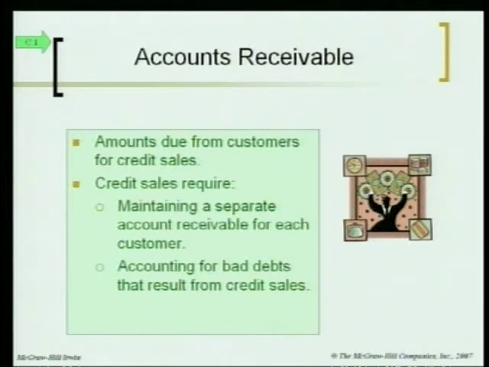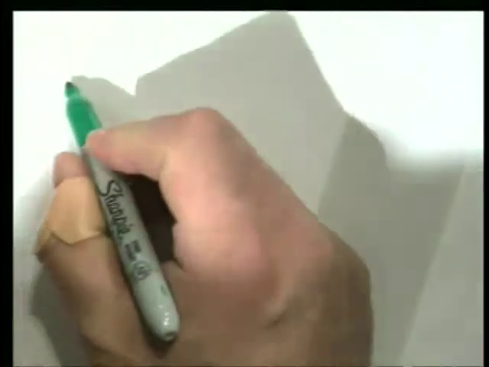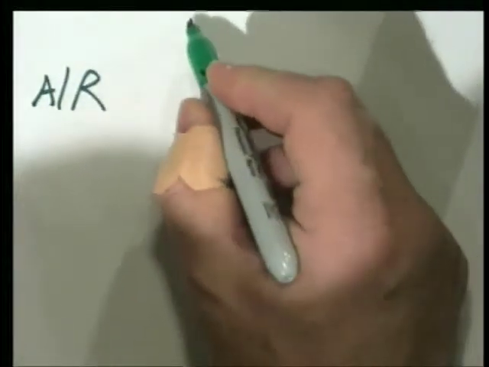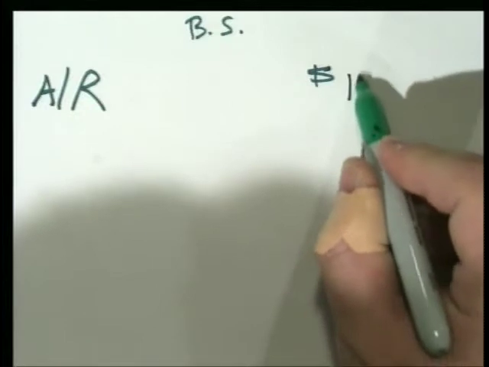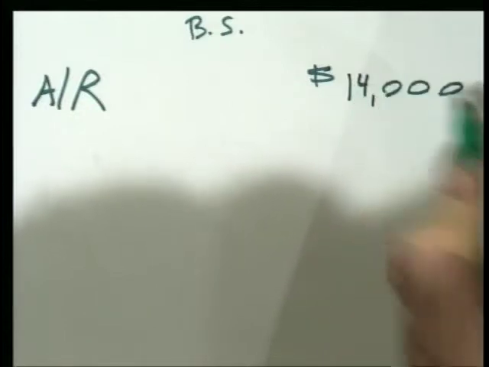Now, this talks about maintaining a separate account receivable for each customer. Let me talk about what it's showing here. Let's say that my total accounts receivable, if you go to the balance sheet, for my business is $14,000.